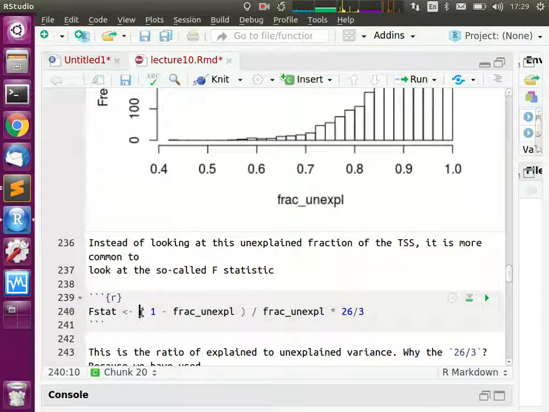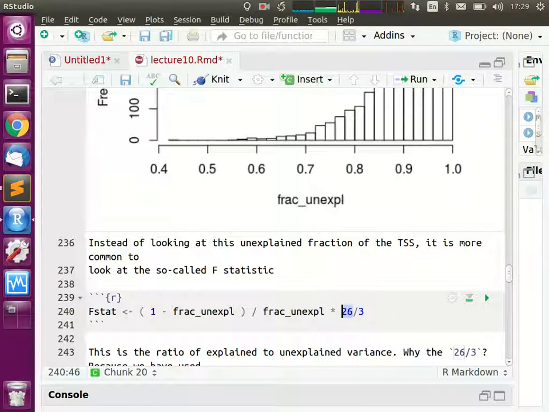We divide the explained fraction by the unexplained fraction, and then we multiply by what's called the degrees of freedom. The degrees of freedom are these things at the denominator of the statistic. So we multiply by the number of samples minus the number of conditions. We had 30 samples and 4 groups. 30 minus 4 is 26. And this here is the number of groups minus 1. That's 3. That's what you always have here.